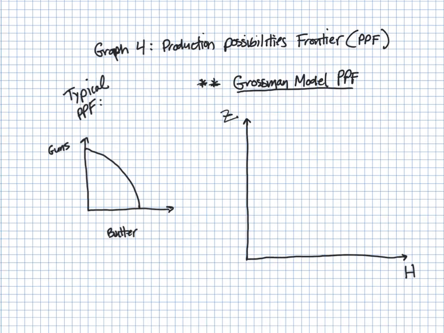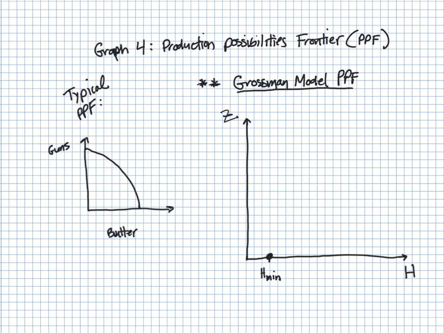Now remember, there's got to be some minimal amount of health capital. We'll call this H min, or we're not going to be able to produce anything else. So we have a starting point on the y-axis at H min.